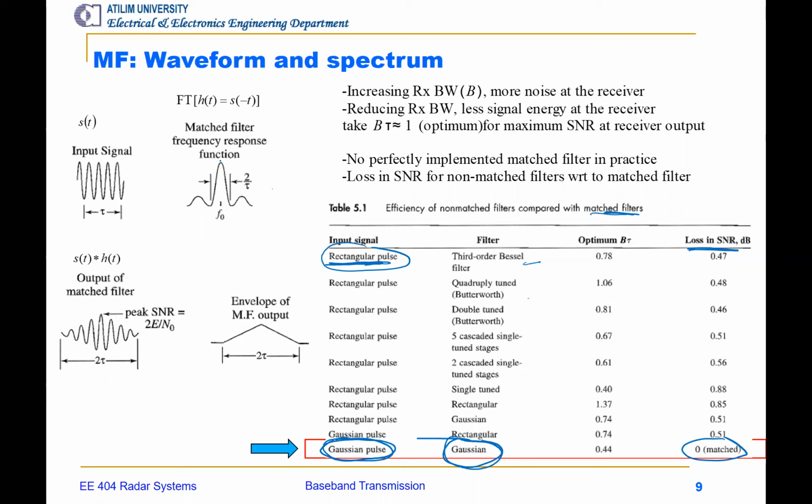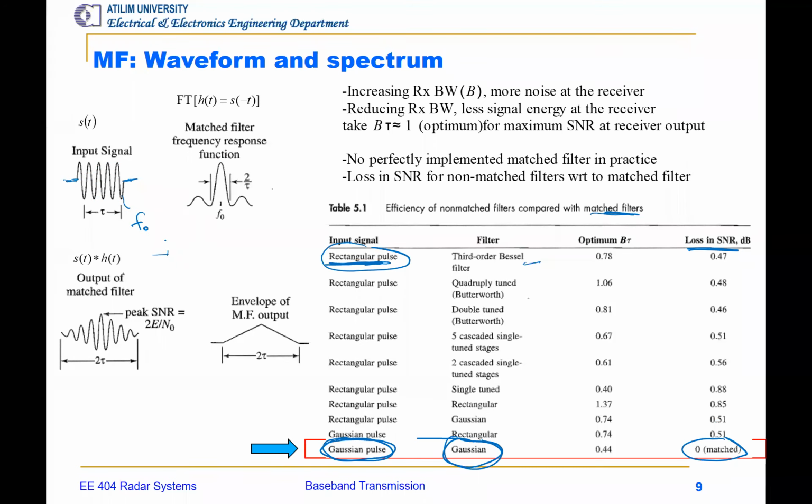Remember, a rectangular pulse, modulated sinusoid, whose frequency is f0, and the match filter of this input signal will be simply a rectangle, right?